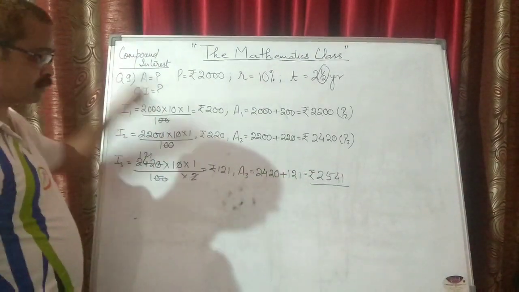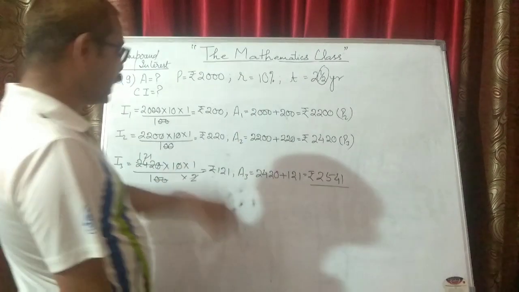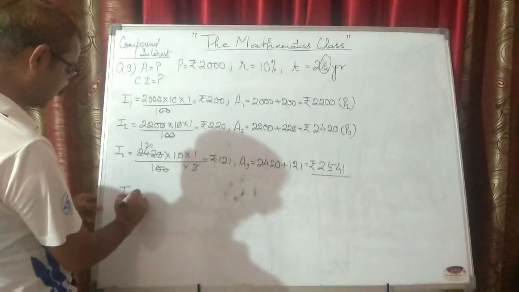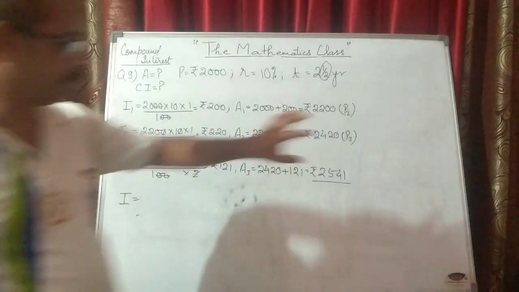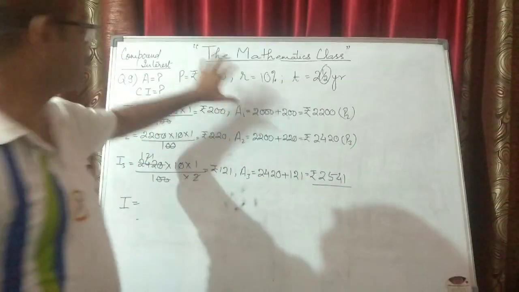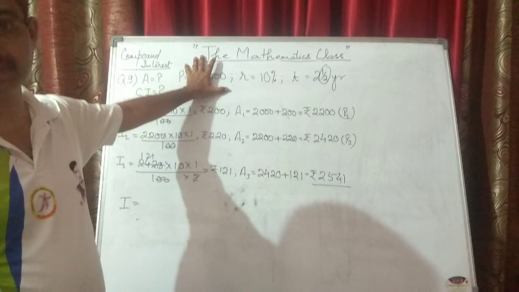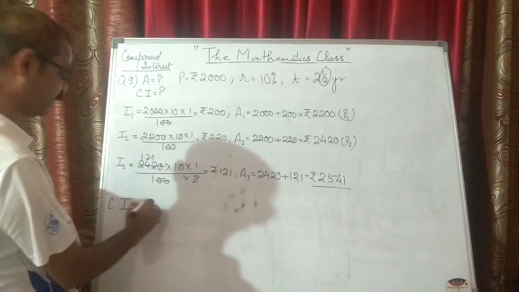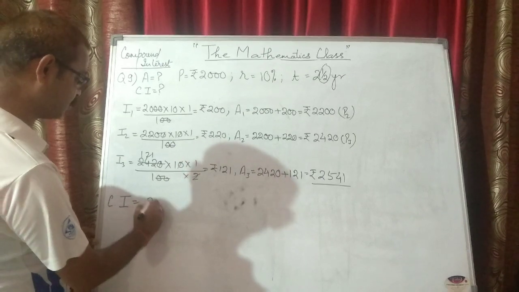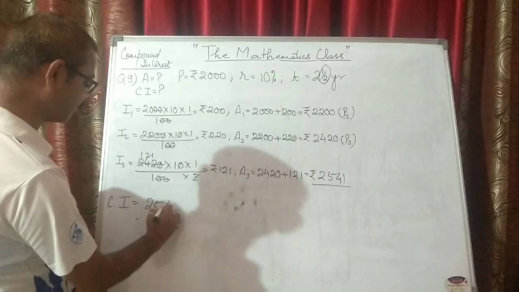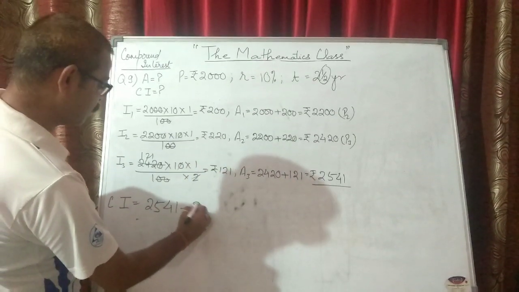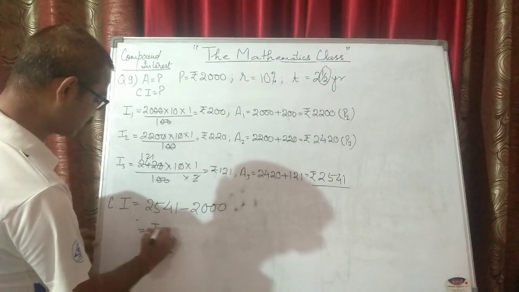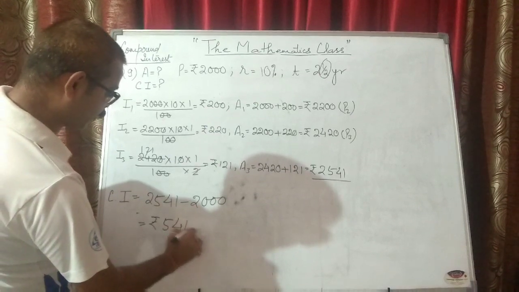You have to calculate amount at the end of the third year as well as compound interest. Now what is the interest? Interest is final amount minus initial principal. So the final CI or compound interest is the final amount, that is 2541 minus 2000, that becomes rupees 541.